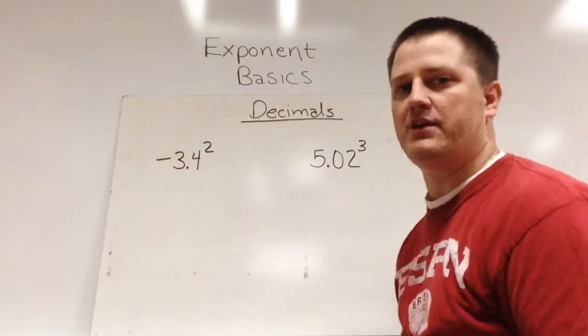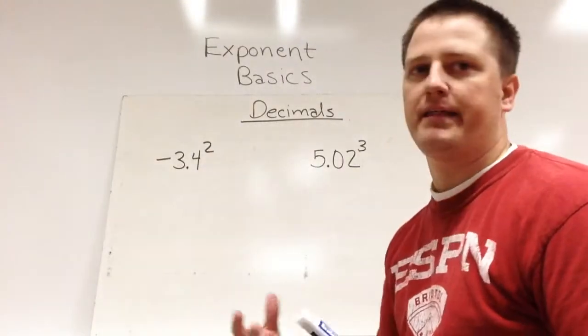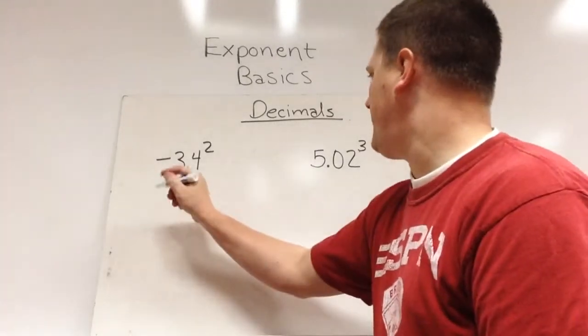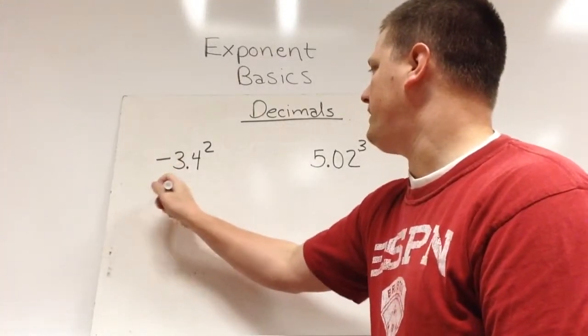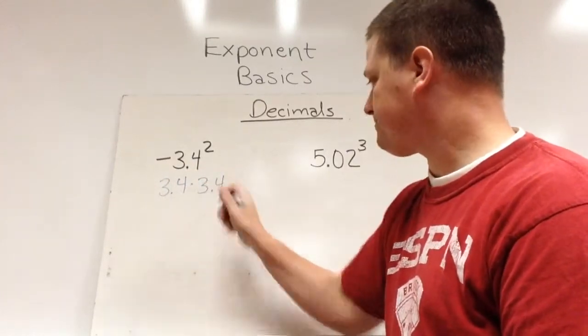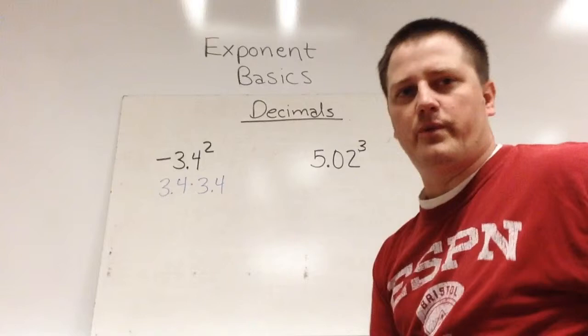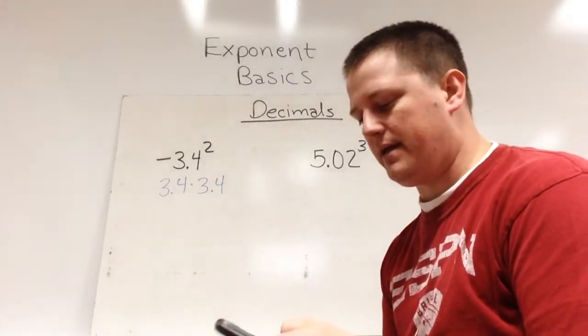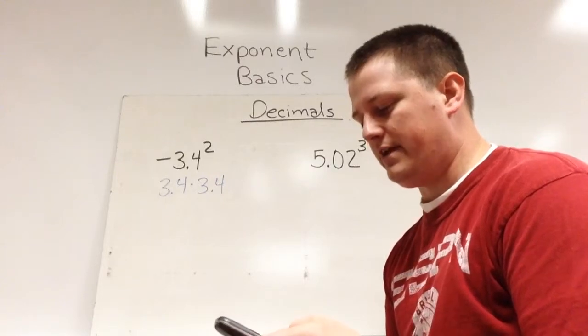Decimals won't really change how we work with the problem. That just means that we'll have to do some decimal math as we work. So what we have here is 3.4 times 3.4. In this situation, because of the decimals, I would probably just bring out a calculator to make life a little bit easier if necessary.